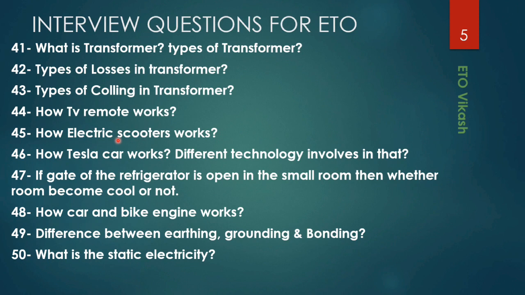In this, they are using a battery pack, and the battery pack gives the DC supply. One controller will be there in this control unit, as well as the inverter inside it, which converts DC to 3-phase AC, and the 3-phase AC goes to the 3-phase motor, which runs the electric scooter.